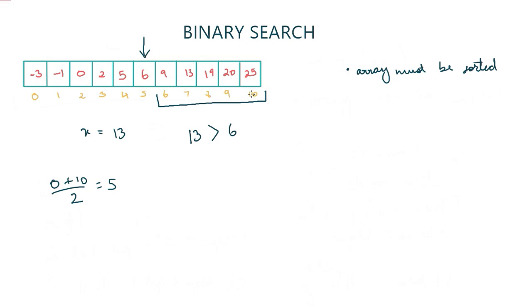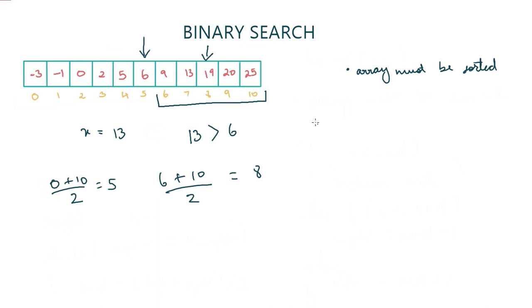Now we have to calculate a new mid element, which will be 19. You can calculate it using the lower index, which is 6, plus the higher index, which is 10, divided by 2. This will be 8. So our mid now is 19.